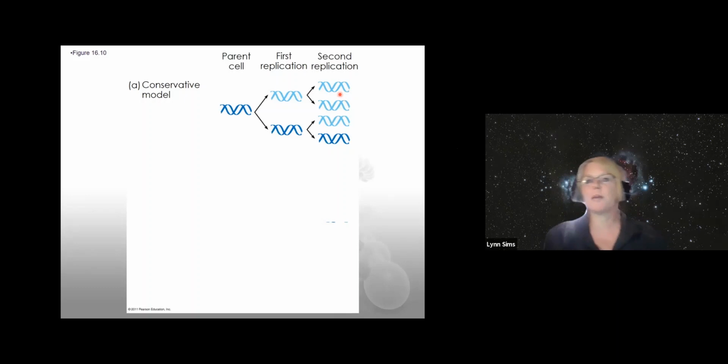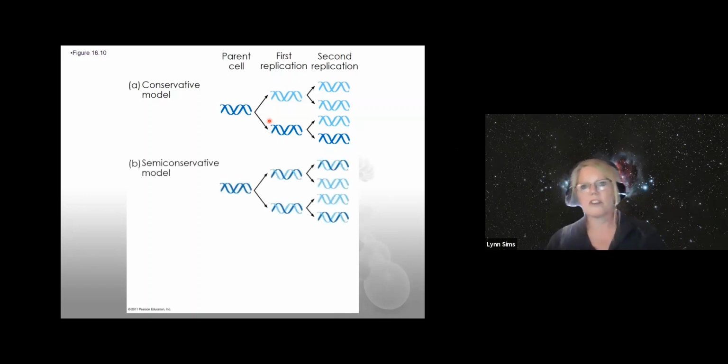Over time, you would see more copies of the replicated forms versus the parent form. Basically, this is conservative because it maintains the parent molecule. This would be the parent molecule, which started the replication, and then it's exponentially replicated after that.